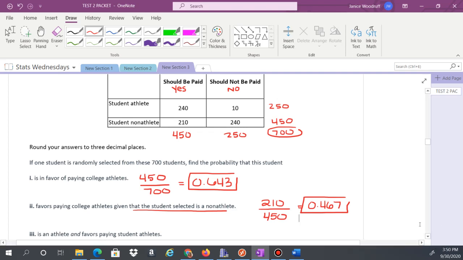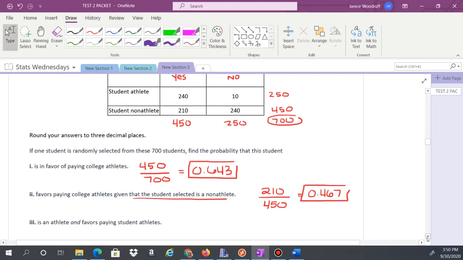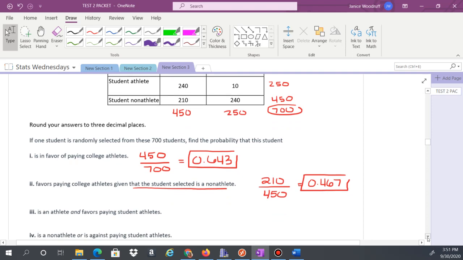All right, so then we have an and probability. So is an athlete and is in favor of paying student athletes. Now, when you have a two-way table, the nice thing about these is you actually don't have to do the multiplication of your probabilities. You can kind of just look at the table and do this. So is an athlete and is in favor.